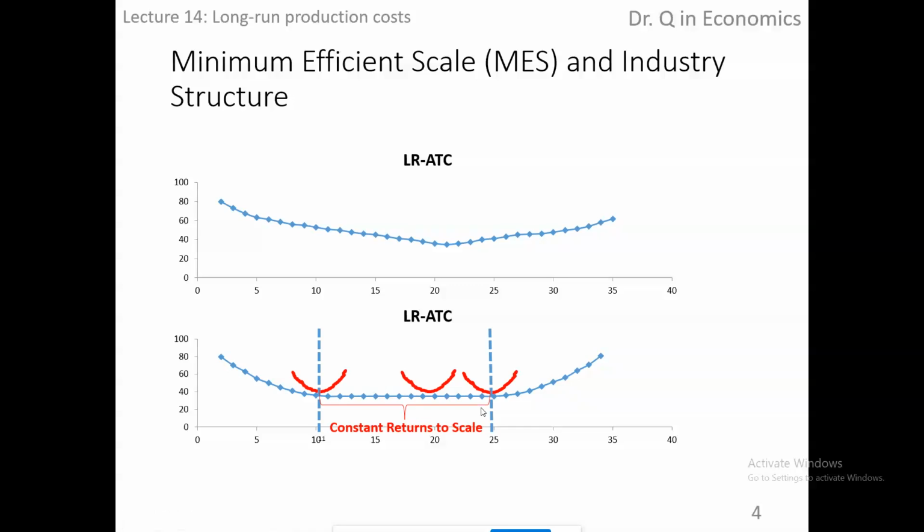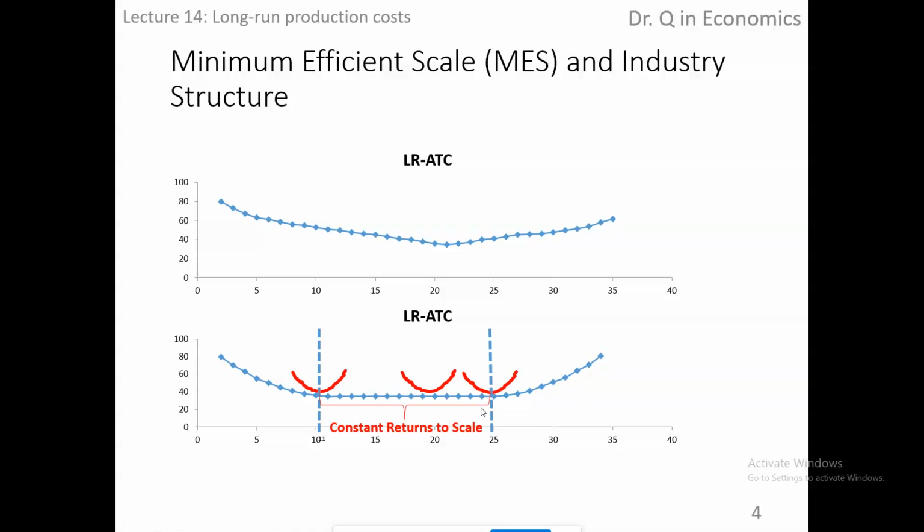This is only true for a certain type of industry, like the restaurant industry. We see small family-run restaurants as well as chain stores. So we have a range of firm sizes that are equally efficient between 11 and 25.